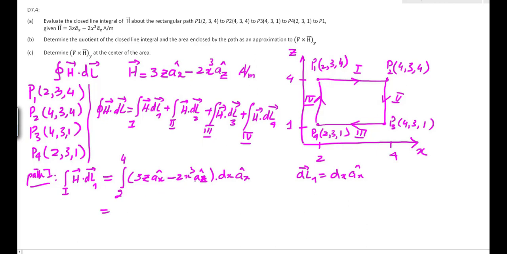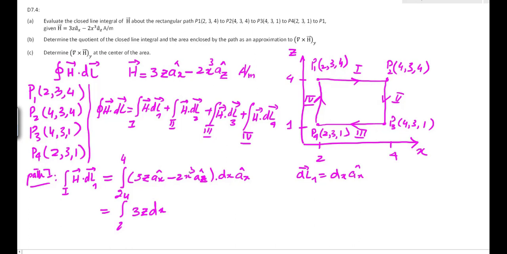Then again we can solve this as we have done previously: the dot product of ax and ax will give you 3z dx. And you can also write this directly, using the component of H. You will see that only the component of H along the direction of the path contributes to this line integral.